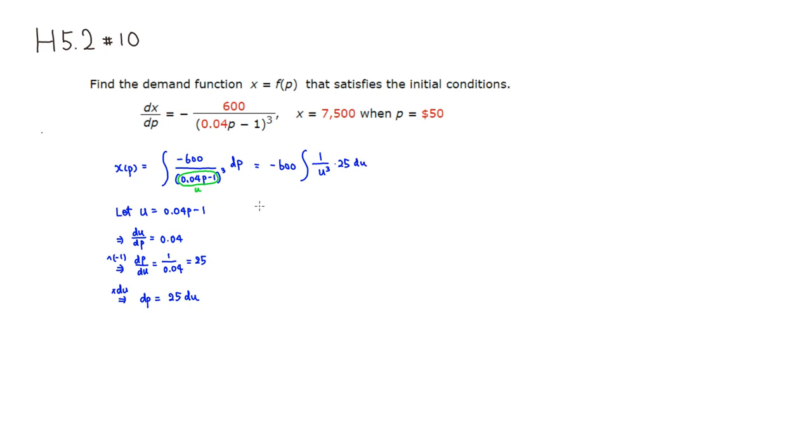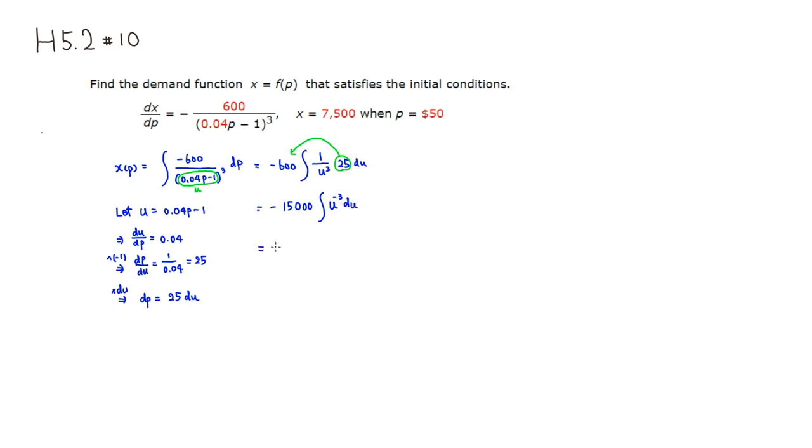If you pull out the 25 outside, you get negative, with 2 zeros, 6 times 5 is 30, 6 times 2 is 12, so it's 15,000. Then we rewrite this as u to the negative 3 power with respect to u, since I don't like fractions.